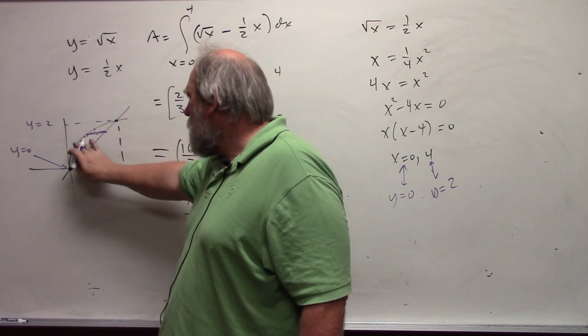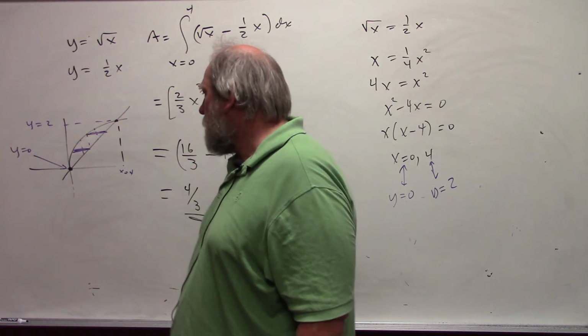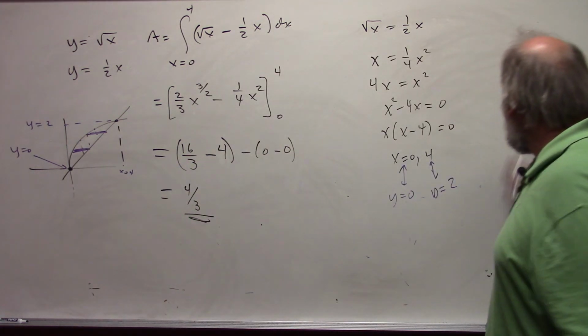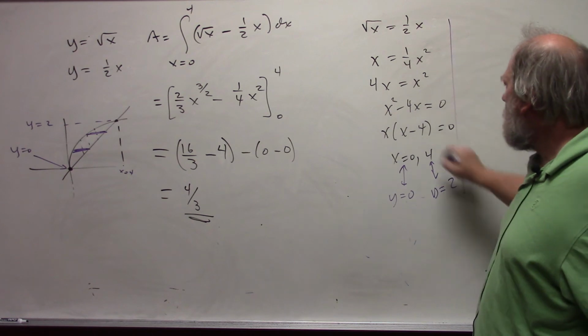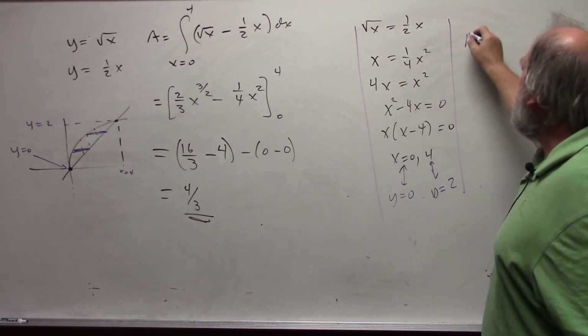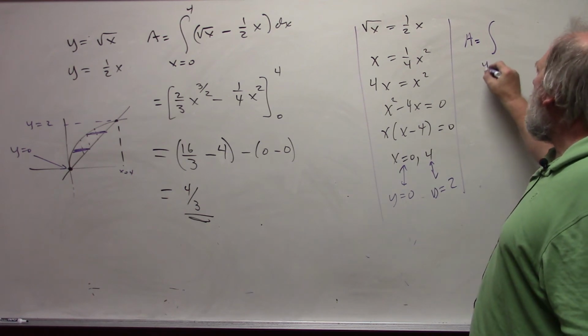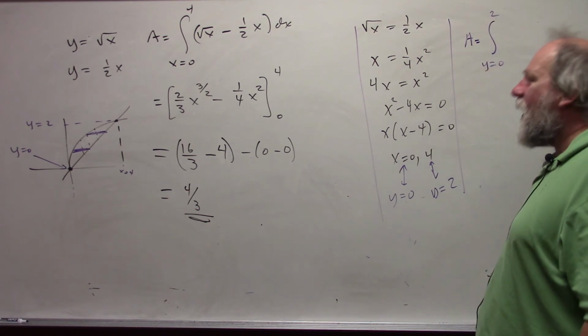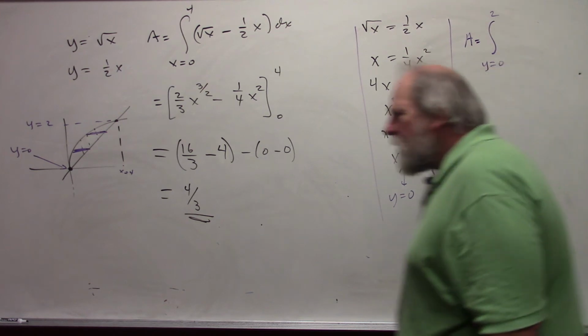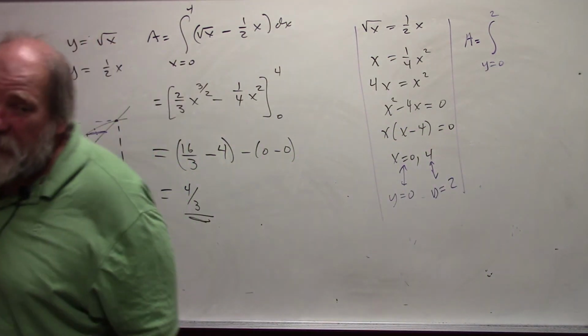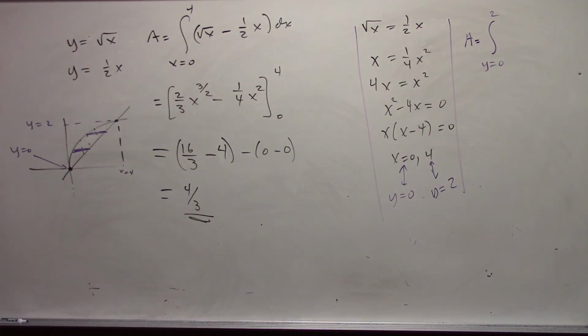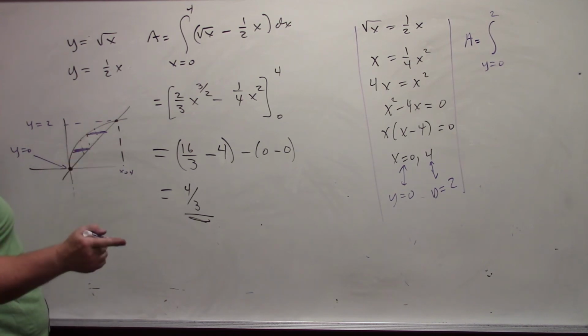right function minus left function. And so my area in this case is going to be the integral from y equals 0 to 2 of the right-hand function. Now, you have to be careful here. When I say right-hand function, this has to be a function of y.